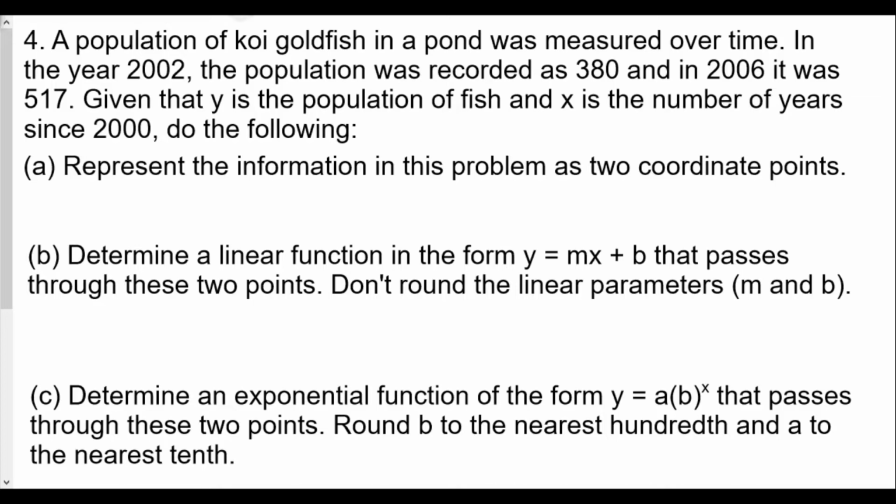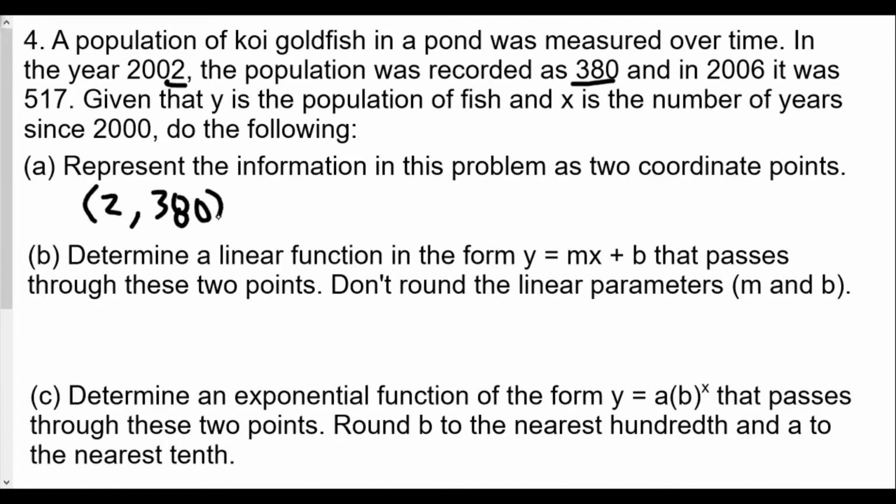Well, first off, if the x value is the number of years since 2000, then instead of using x for 2002, our first coordinate would be just 2. And since y, the population at that time, would be 380, our first coordinate is going to be 2, 380.